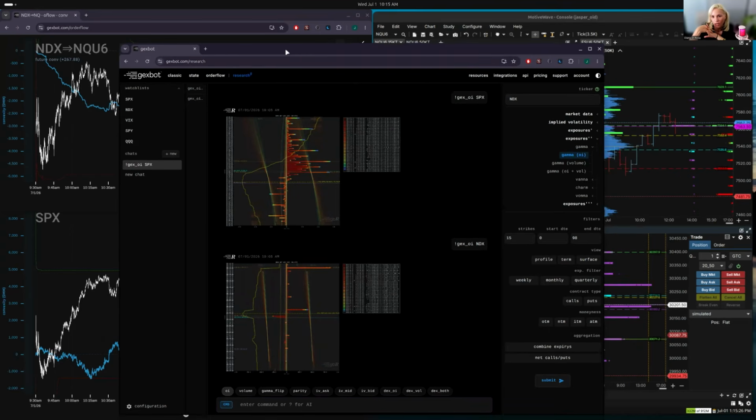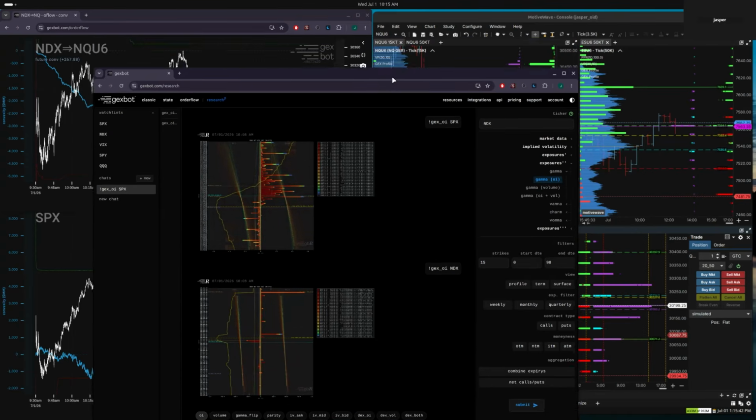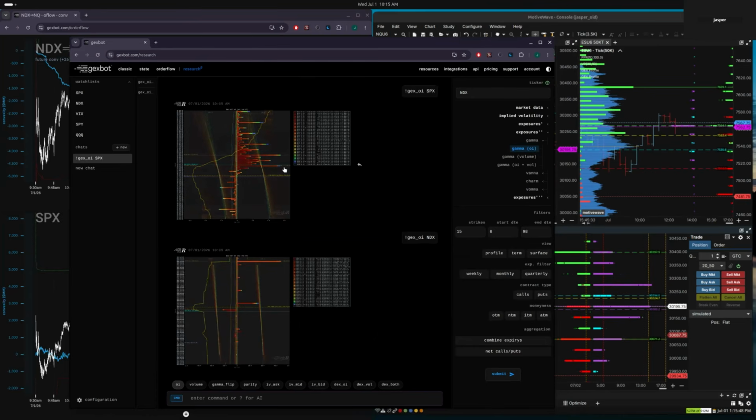What else can we point out here? We were still talking about research, I think. I was just using this for static levels. For my personal use case, I am plotting these to trade futures, and all of my pre-market prep is generally centered around the index.